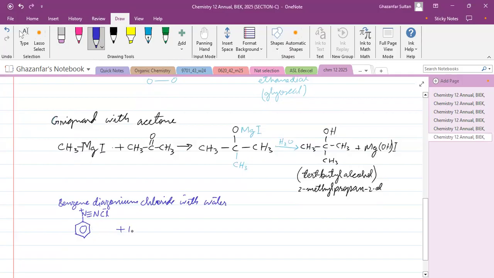What happens when it reacts with water? As a result of the reaction with water, OH goes to the ring and it forms phenol, and it was heated.